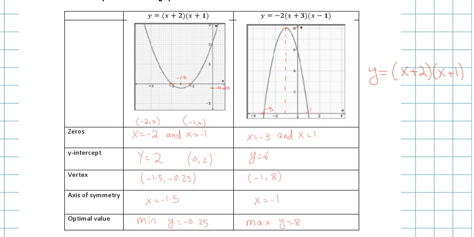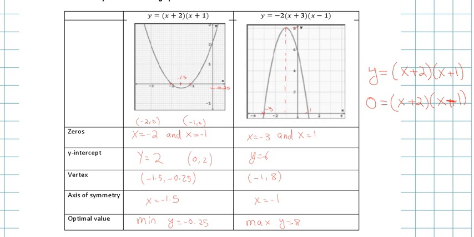I'm looking for the zeros, looking to solve, so I replace the y with 0. Now, something times something equals 0. When would that happen?